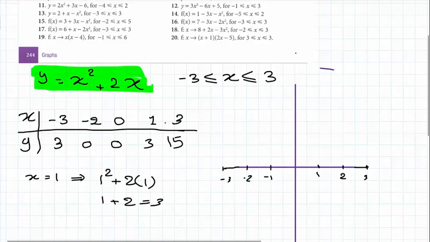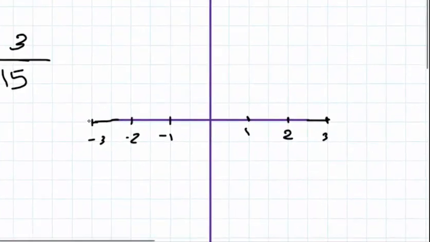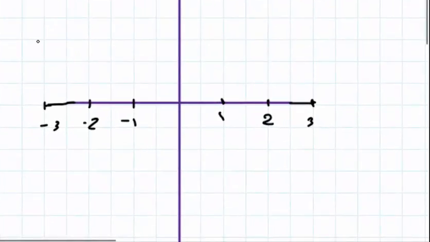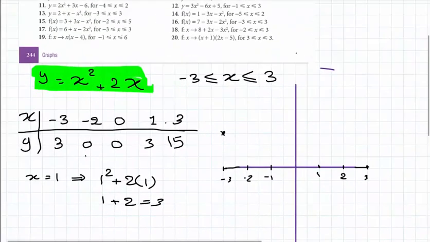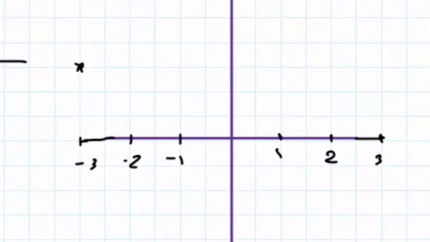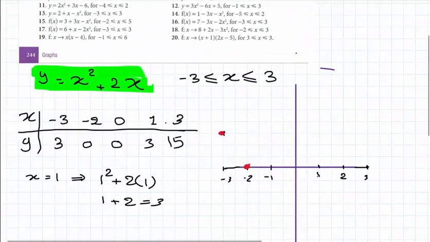Okay, the first point is -3 in x, 3 in y. -3 in x is here. 3 in y, 1, 2, 3. So this is the first point. Then -2, 0. -2 on the x-axis is here. 0 means stay on the -2. This is the second point. 0, 0 is the origin.